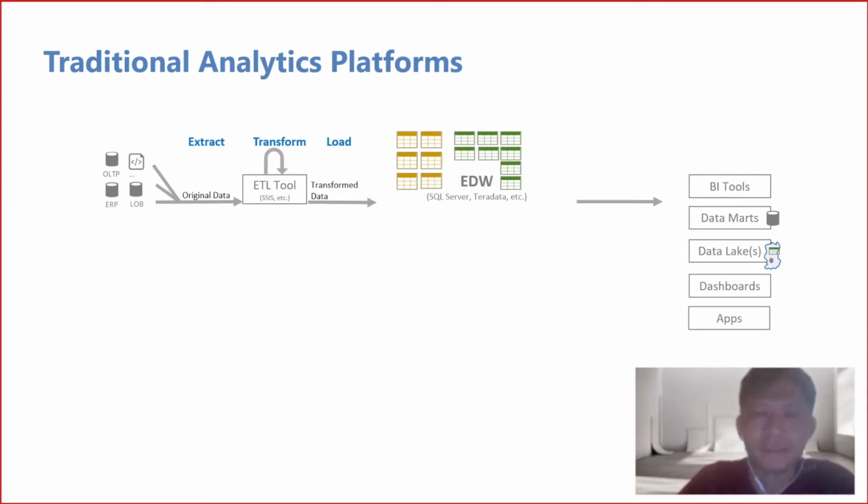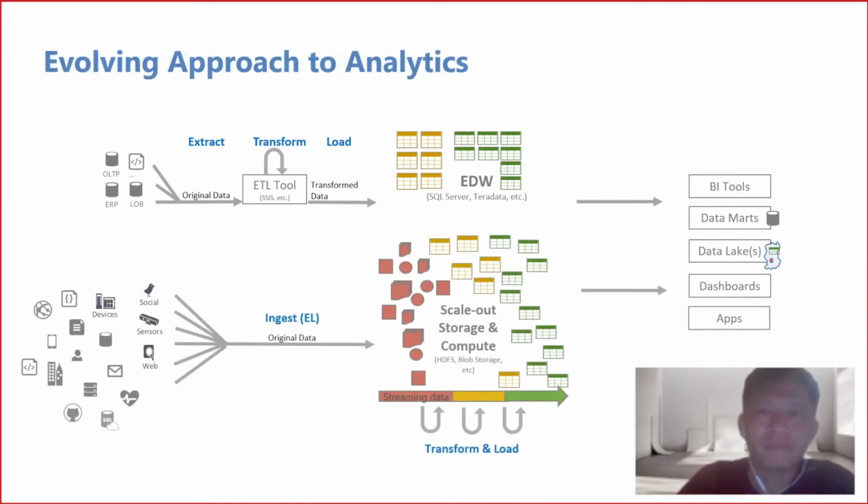What has evolved into what we now call the modern data warehouse is mainly because of the change in the type of data and the amount of data that we are getting. A lot of the time now, we are not just loading data from our relational data sources.